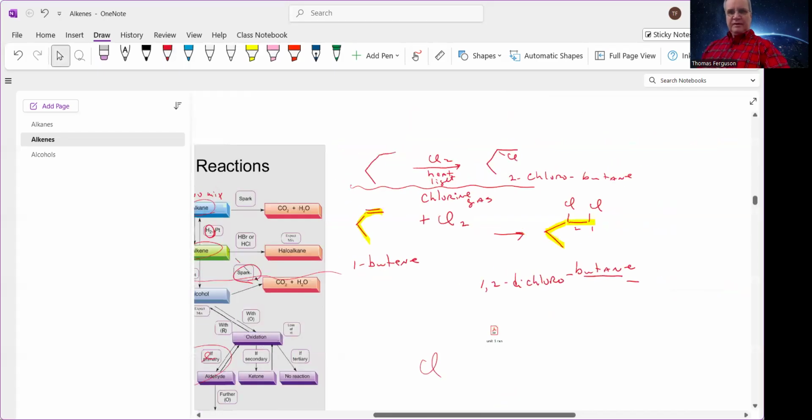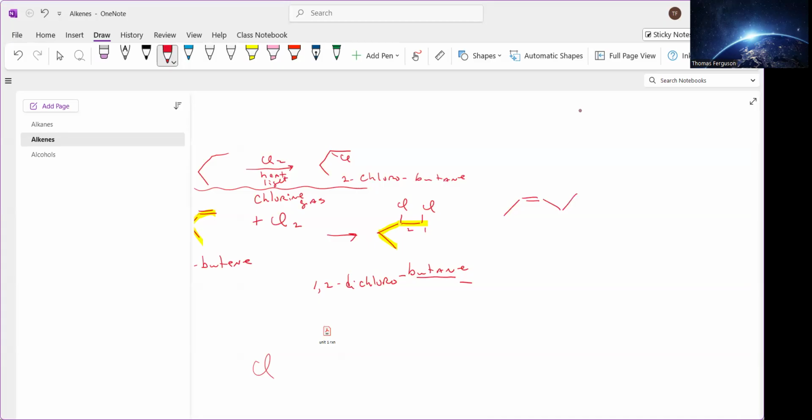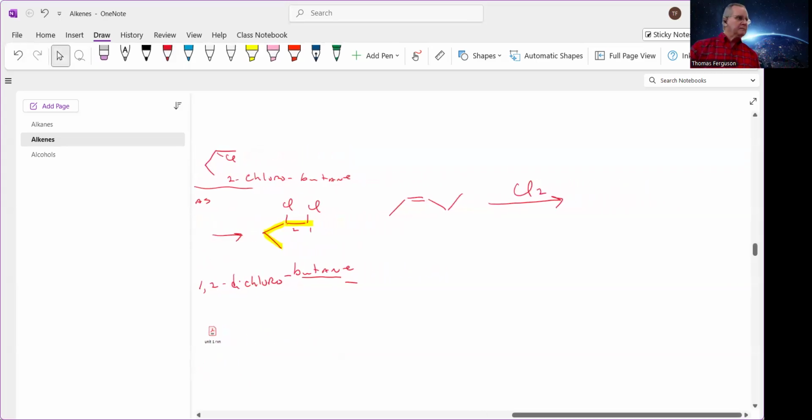Okay, let's look at another example. Let's take this. Okay, what happens here? We've got a double bond, we have an alkene and chlorine gas.